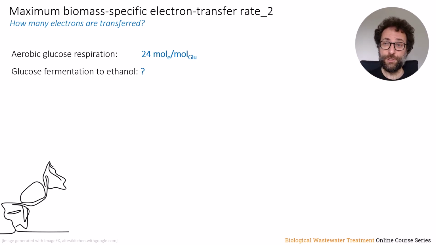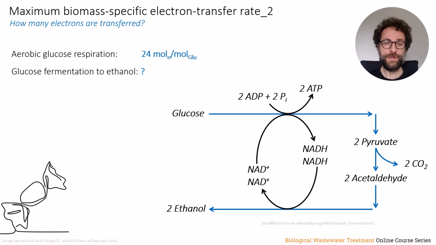Now, to answer this question, we have to have a knowledge of the pathway that is taken to transform glucose into ethanol and CO2. This is a very schematic representation. And once we know this, we know that 2 NADH are produced here and then consumed.